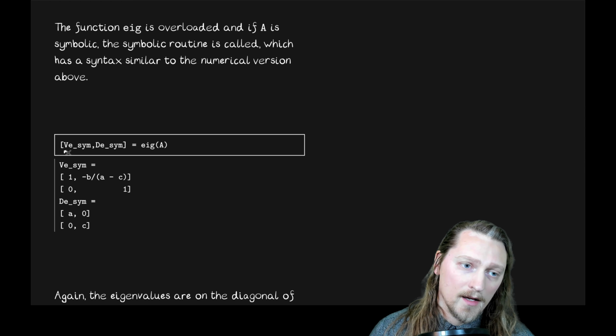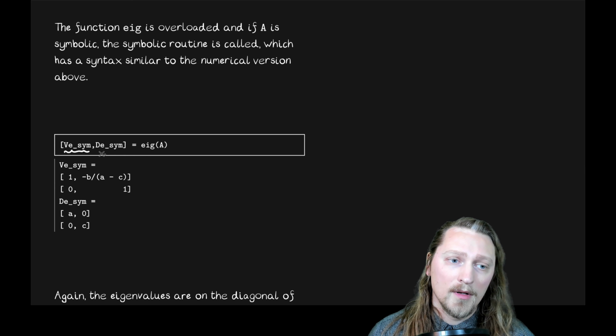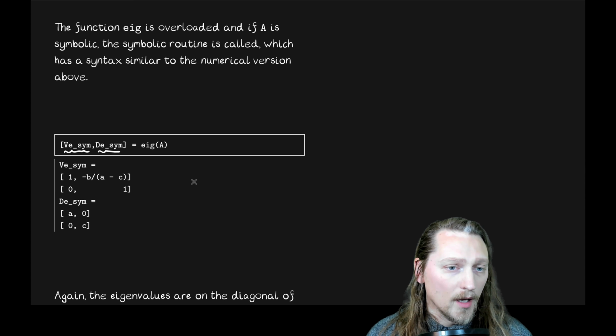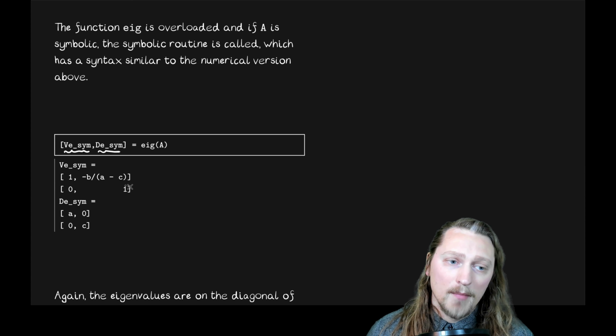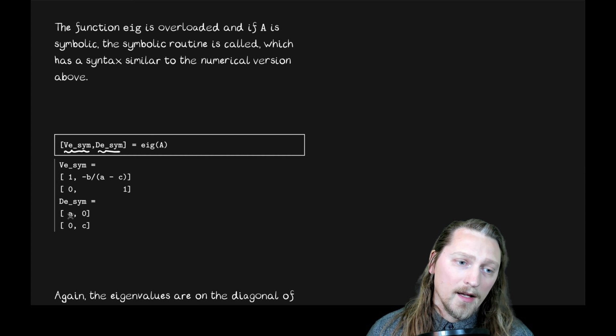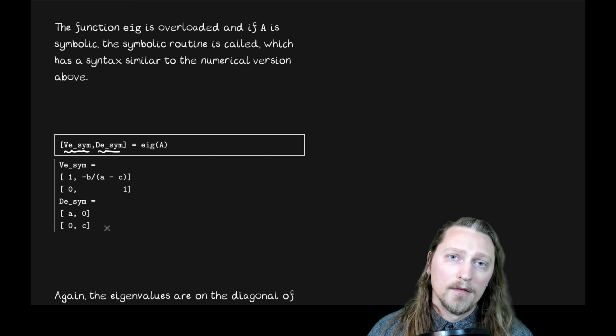We assign VE sim and DE sim to the names of the output of eig of this symbolic matrix A, and it returns again a matrix of eigenvectors. So eigenvector in the first column, eigenvector in the second column, and eigenvalues along the diagonal of the D matrix that it returns.